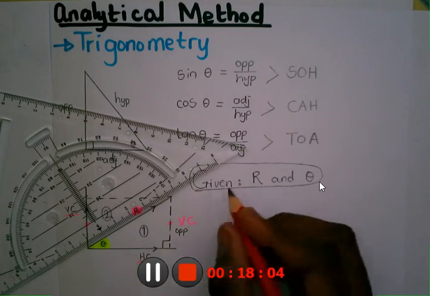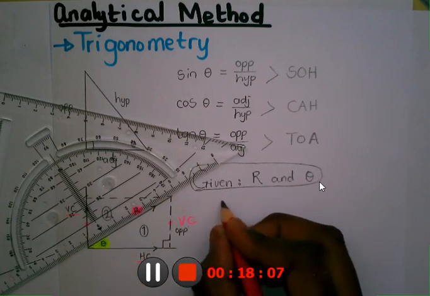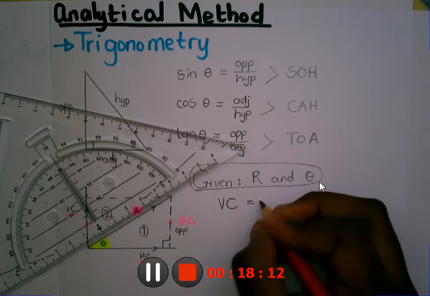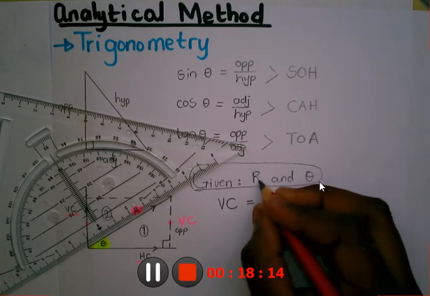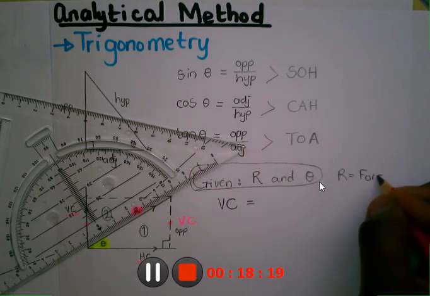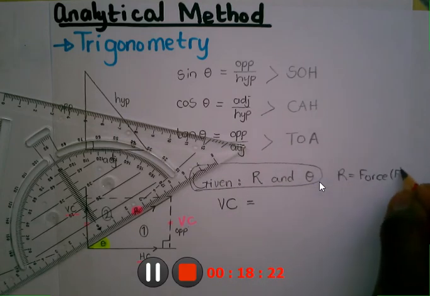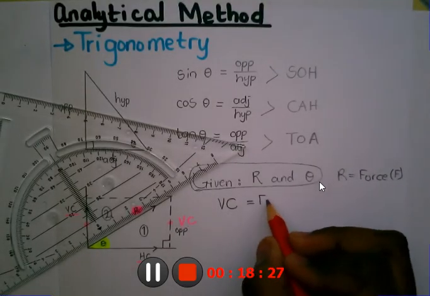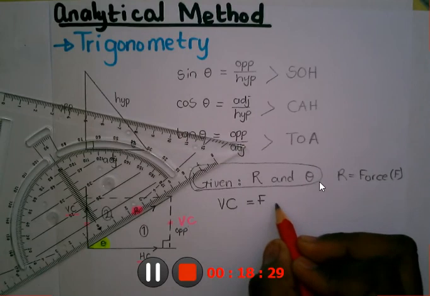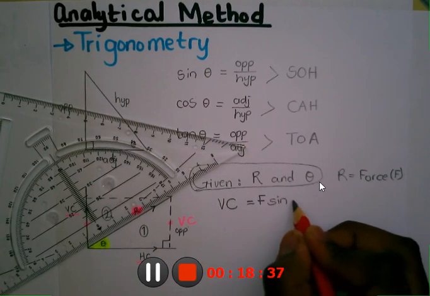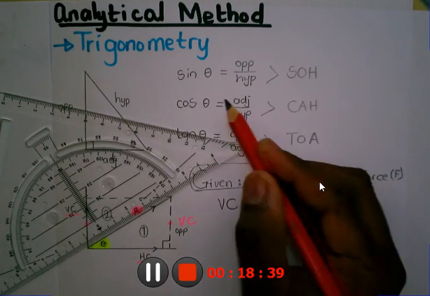So it means your VC will be equal to the R. Remember, R is our force that we are given, that we can abbreviate with F. So meaning my VC will be F, which is the hypotenuse, multiplied by sin theta.